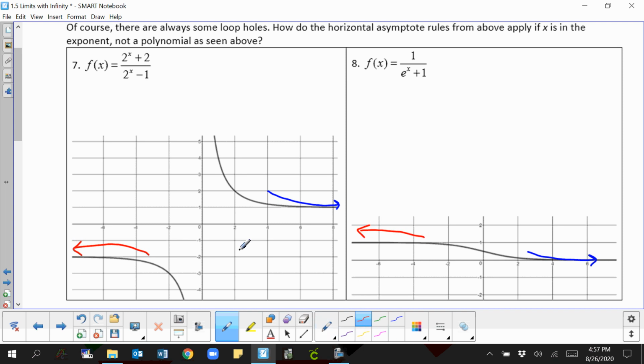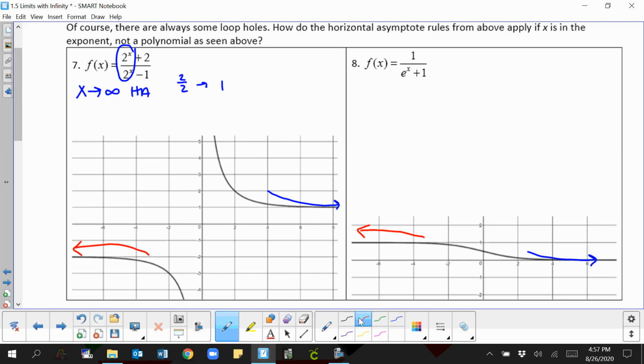What you're going to do here is as x approaches infinity, you're going to look at the exponent part, and you're going to use your horizontal asymptote rules. So right here we have same over same. It's 2 over 2. So that's going to lead us to 1. So as x approaches infinity, it goes off to 1, just like we said.